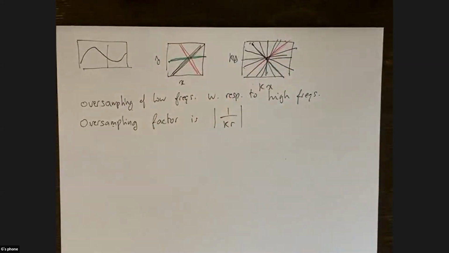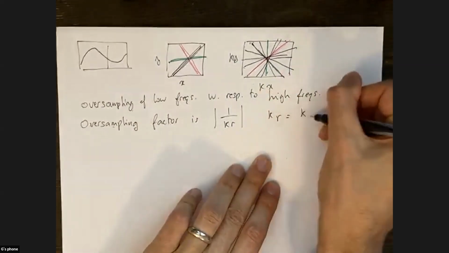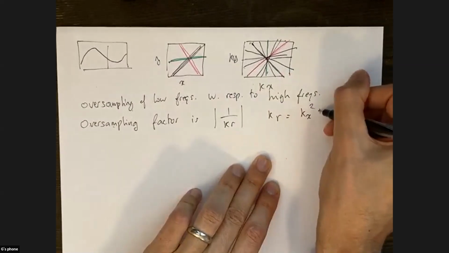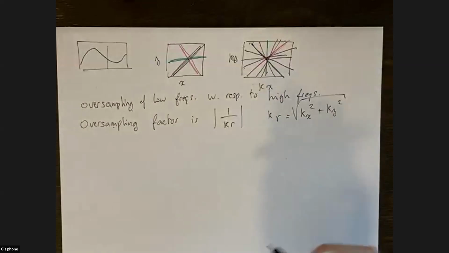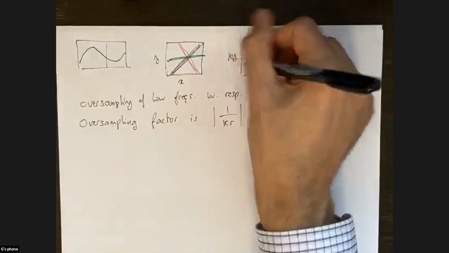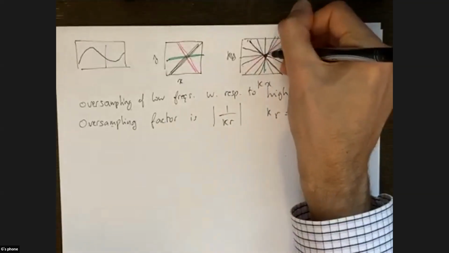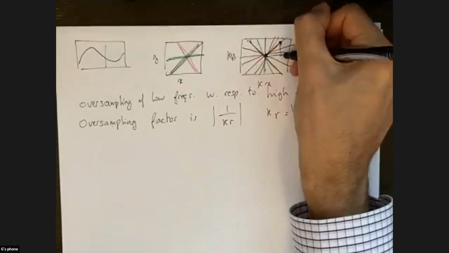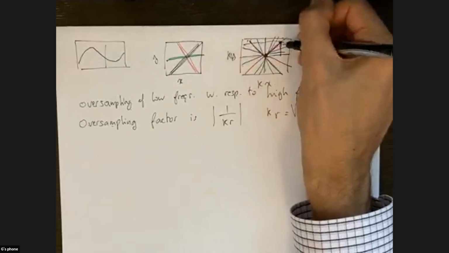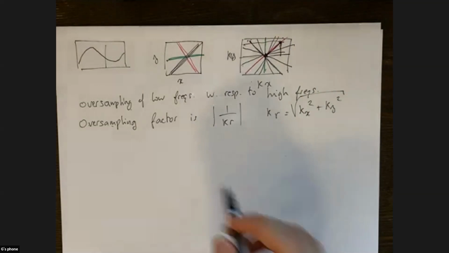KR here is defined as the square root of KX squared plus KY squared. So if you are in this axis here, KX and KY, KR is just the distance to the center of the frequency spectrum. So this would be KR here. If this is KX, this is KY, KR is the diagonal.